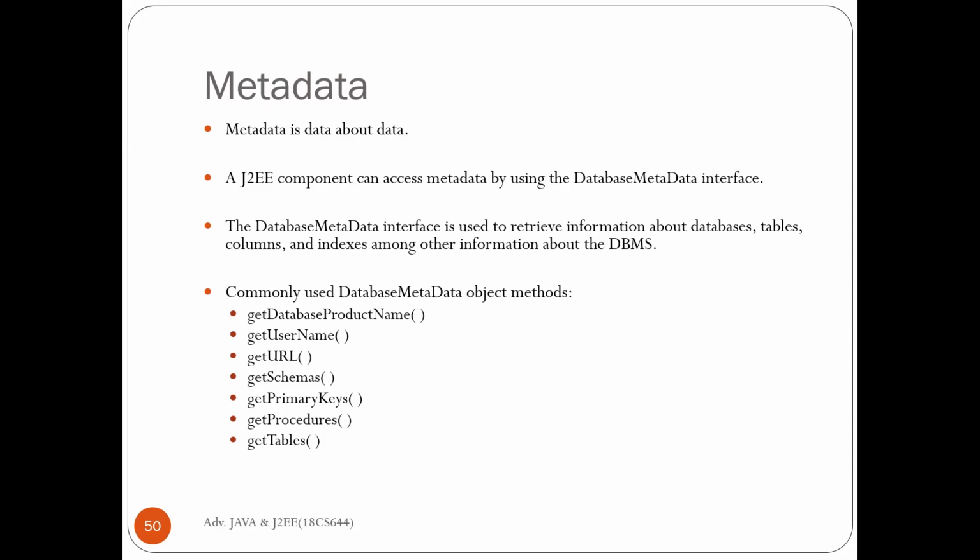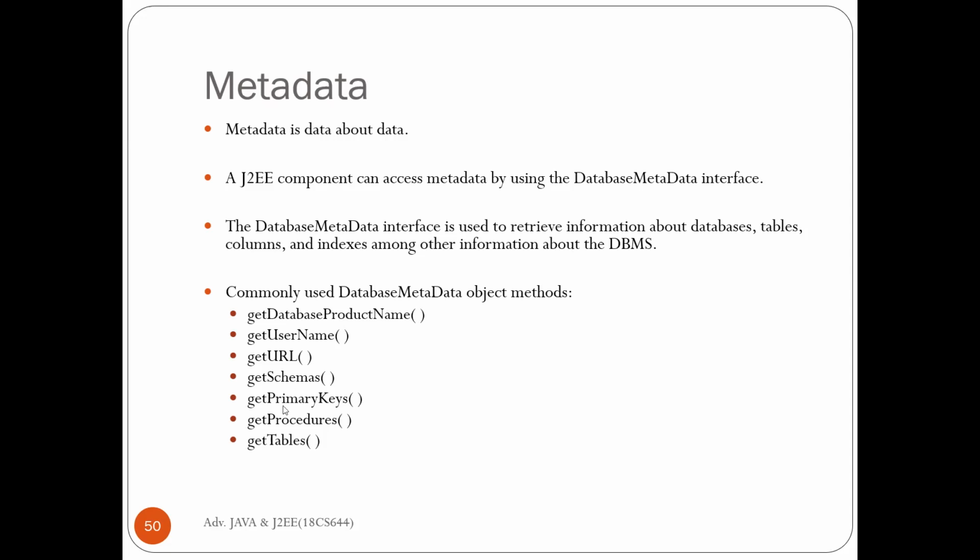So in that case, we'll go with the metadata of the database. Using the metadata of the database, we'll get all the table names. Then we will search in all the tables which column has the column name USN. There we'll replace the USNs. So that is one real world example where we can really use the metadata details.